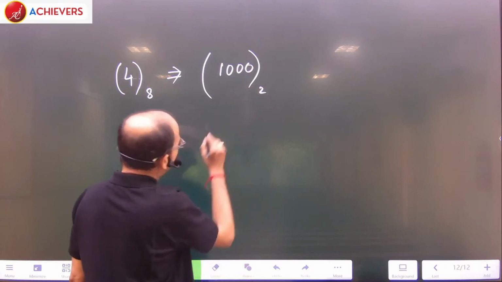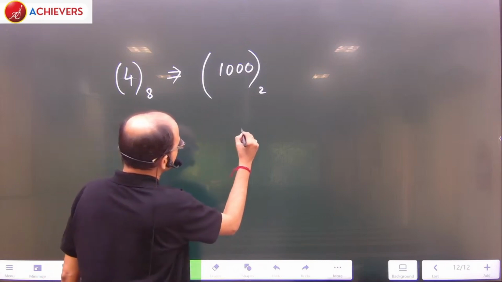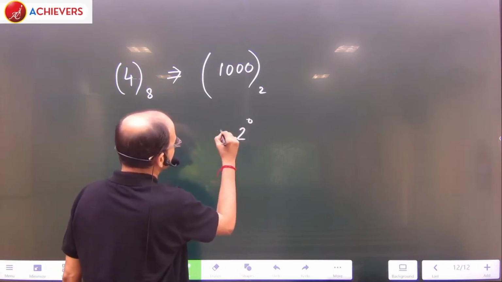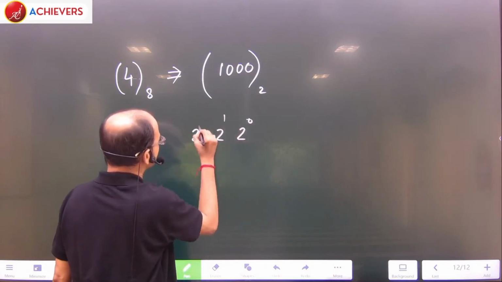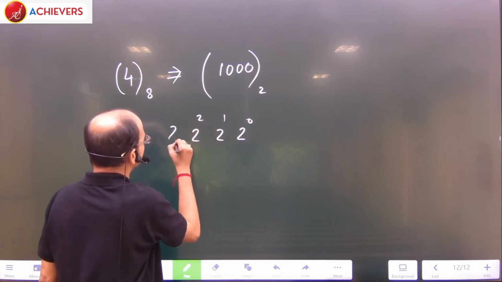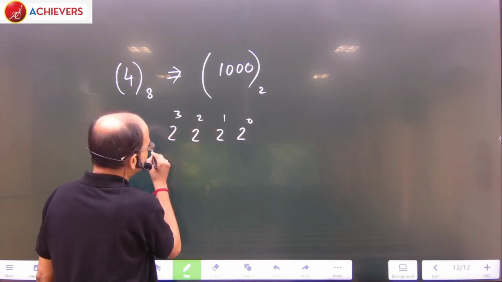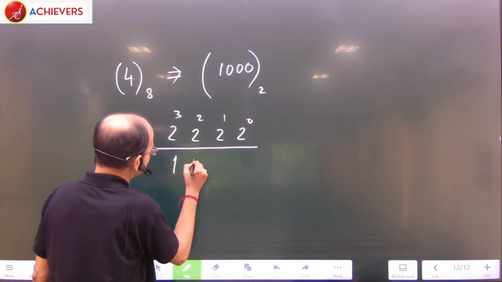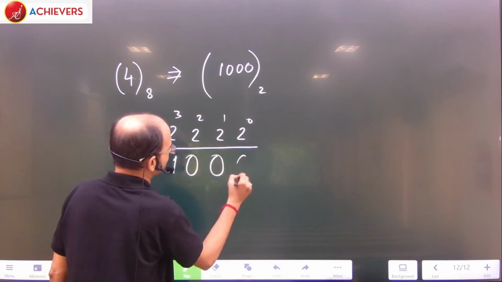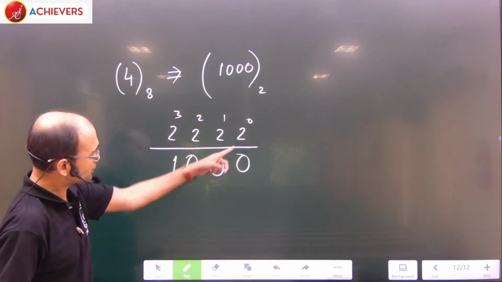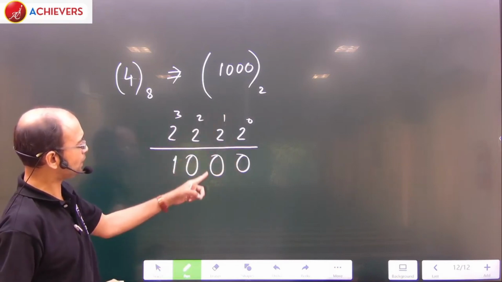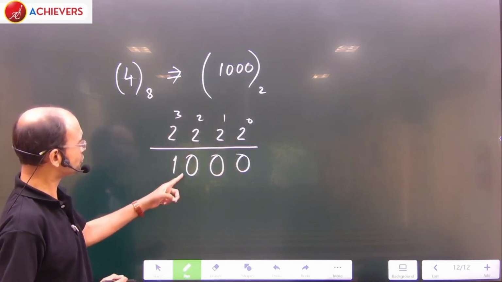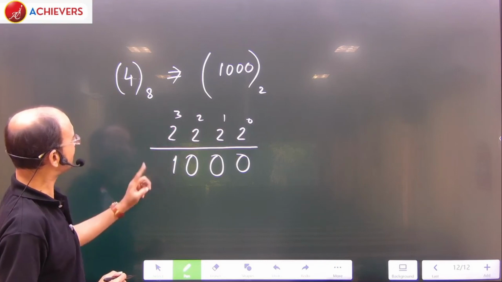So what do we mean by 1000? 1000 is represented with 2 to the power 0, 2 to the power 1, 2 to the power 2, 2 to the power 3. Under 2 to the power 0 we have 0, under 2 to the power 1 we have 0, under 2 to the power 2 we have 0, and 2 to the power 3 has 1.